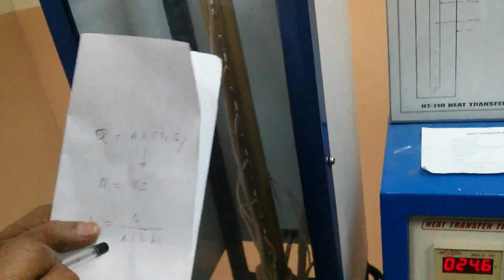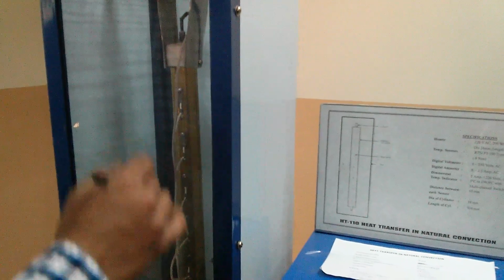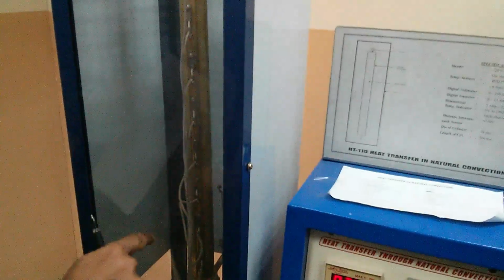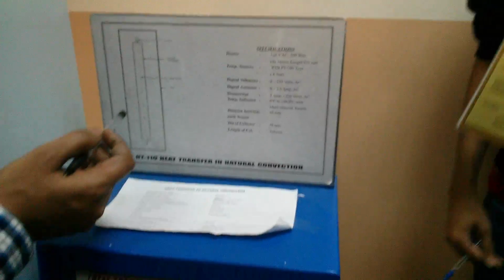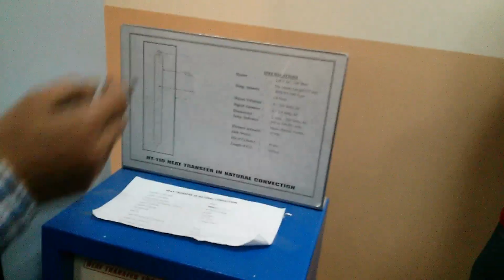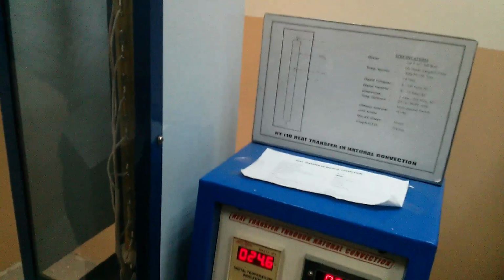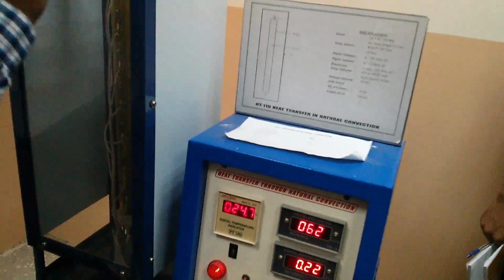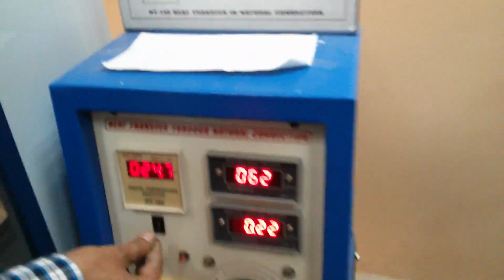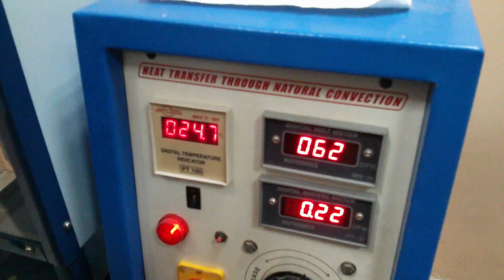For that, there are thermocouples, temperature sensors placed at the outer periphery at different locations. Seven thermocouples are placed from the bottom to the top, and the temperature at each location can be found with the help of a temperature indicator.